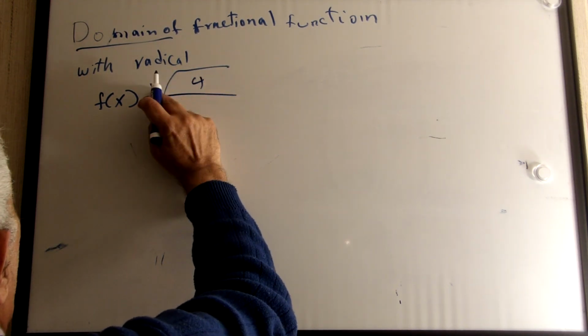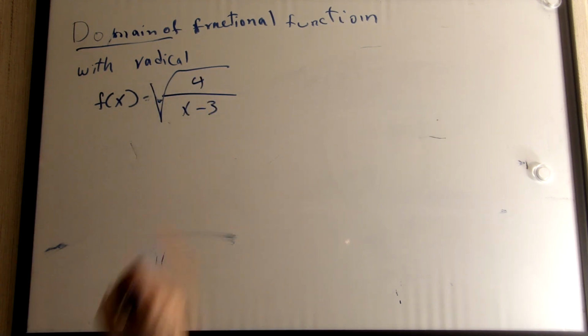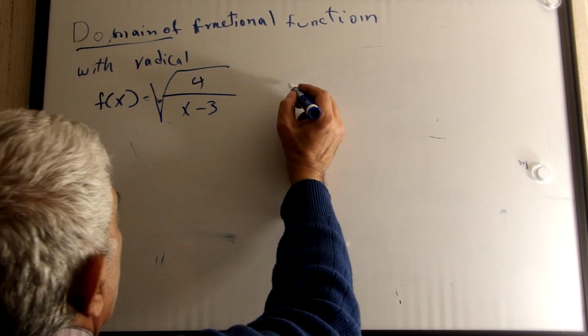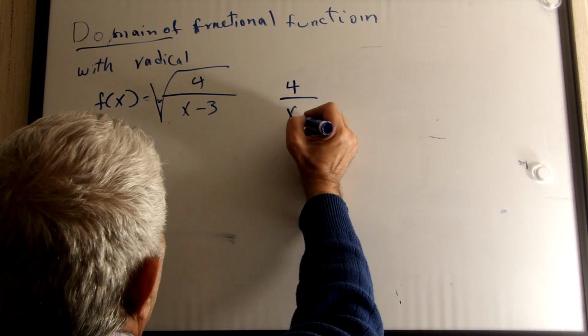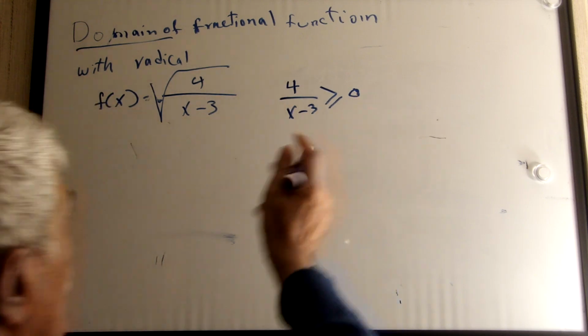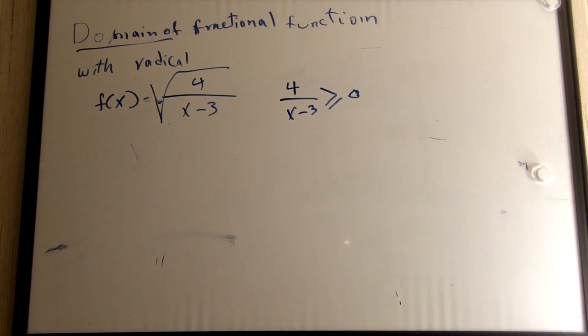That is just the radical, the square root of x minus 3. Okay. What we do, we say that under the radical it can't be negative. So x minus 3 is greater than or equal to 0. It cannot be less than 0, because a negative number cannot be under the root.